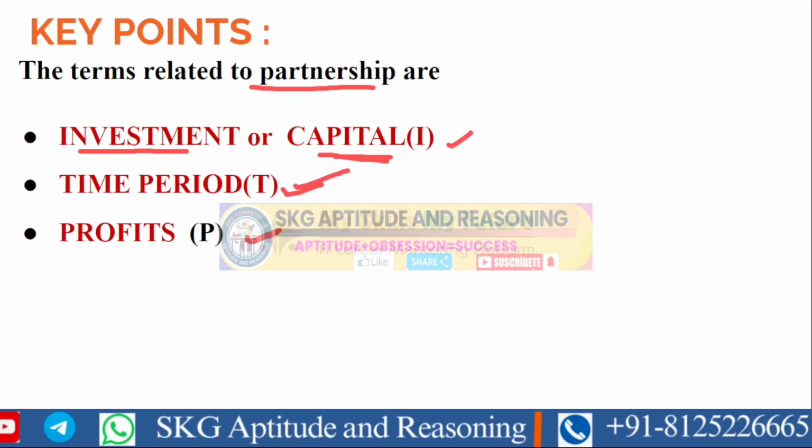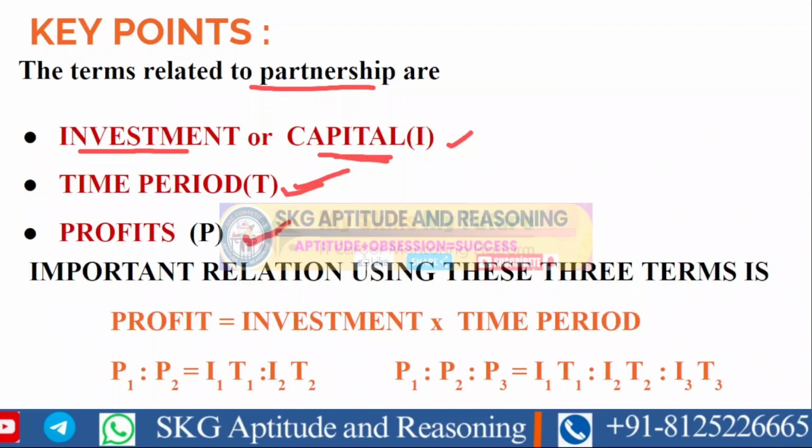But usually every person starts a business with the intention of receiving profits. So we'll solve the majority of problems based on persons receiving profits only. We hardly solve problems regarding losses, so we mainly focus on profit-based questions.